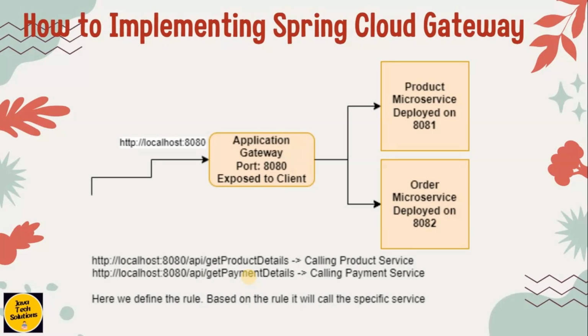In Spring Cloud Gateway we can create routes in two ways. One is using configuration programmatically, where we write the configuration in the Java program. The second approach is property-based, where we define those things in the properties so we can handle them using the properties.